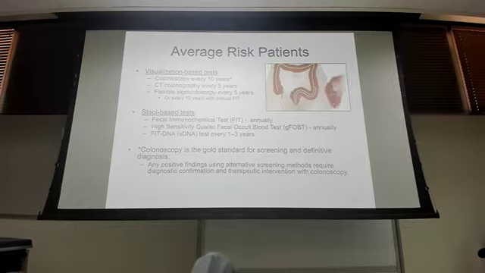If you're doing visualization-based tests, the CT colonography would be every 5, flex sig every 5, or every 10 if you're doing the FIT test, which is a stool-based test, the fecal immunochemical test, which you have to have annually if that's what you're relying on. And then the high-sensitivity guaiac fecal occult blood test, that's annually. And then the FIT-DNA, that's your Cologuard, every 1 to 3 years. But then the gold standard is colonoscopy every 10 years.